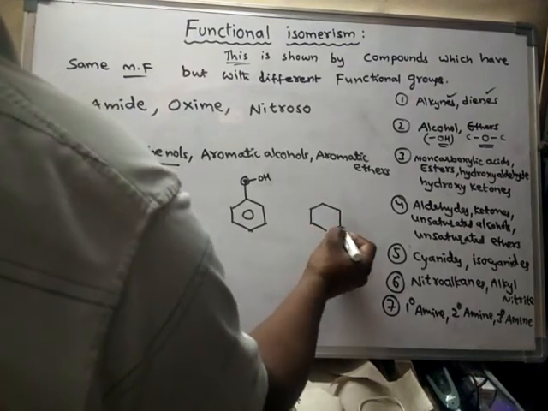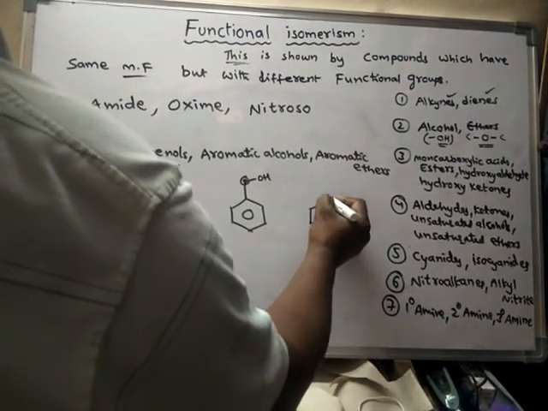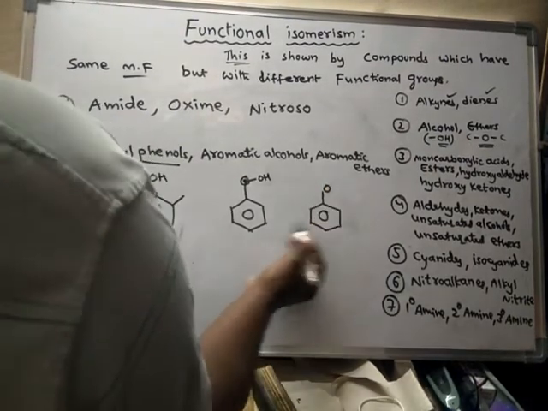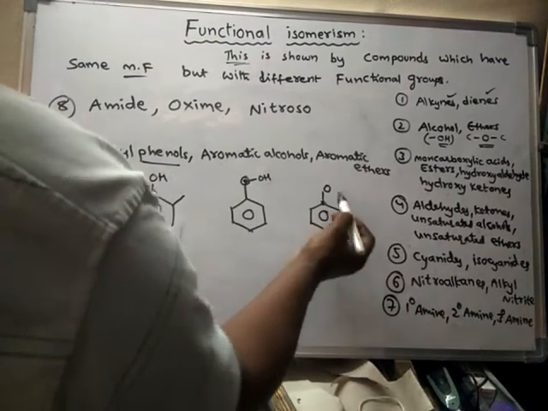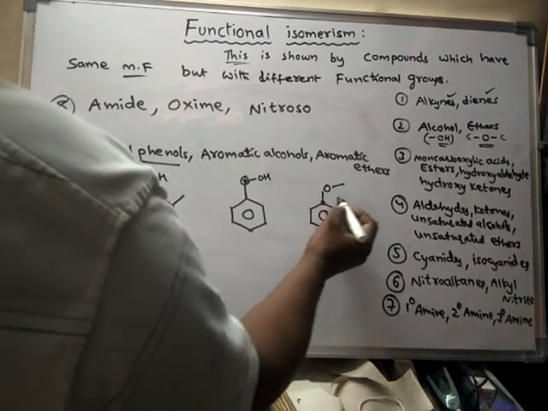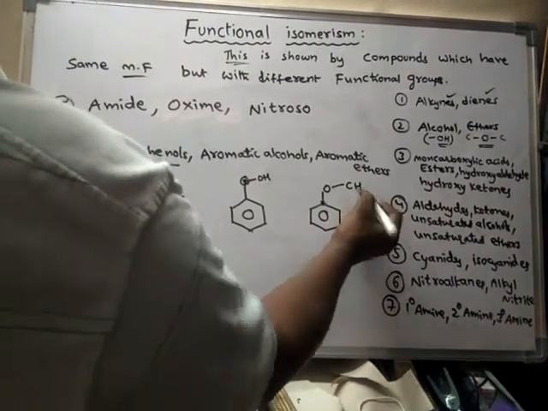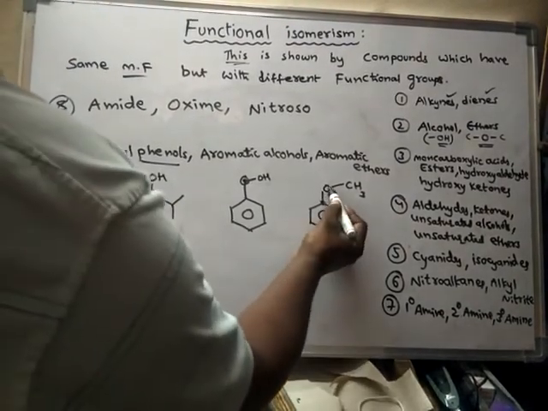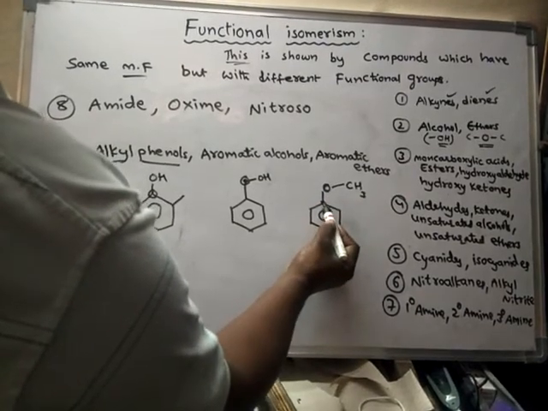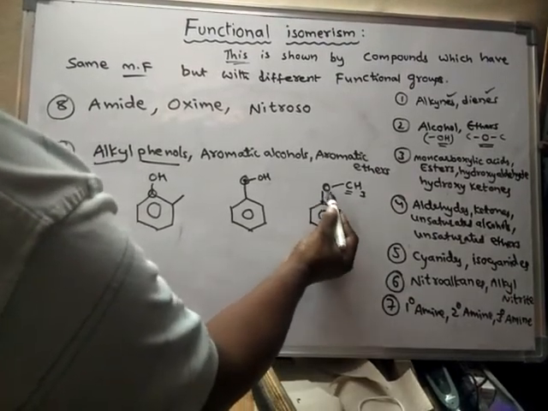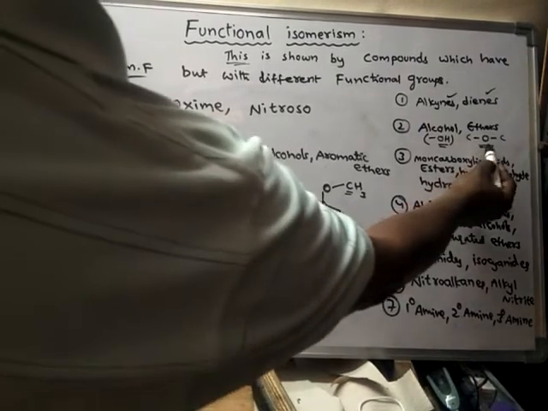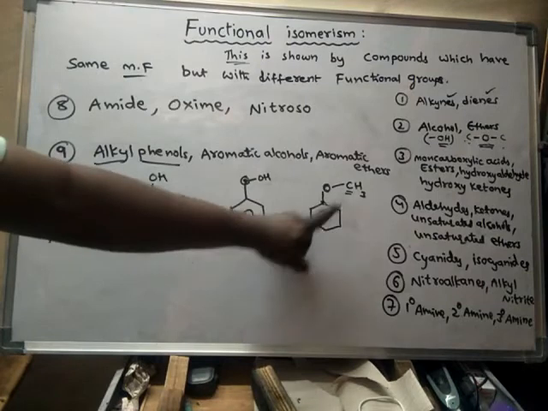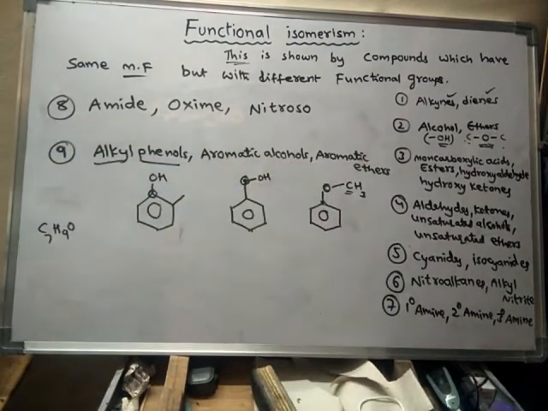Here oxygen is present. This carbon is directly attached to oxygen, and this oxygen is attached to a methyl alkyl group. So this oxygen is attached to this carbon and this carbon. When oxygen is attached to two carbon atoms, they are said to be ethers. And since this is an aromatic compound, they are said to be aromatic ethers.